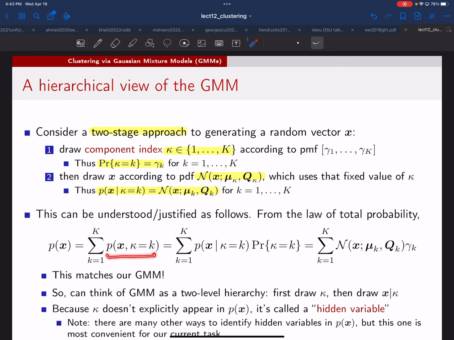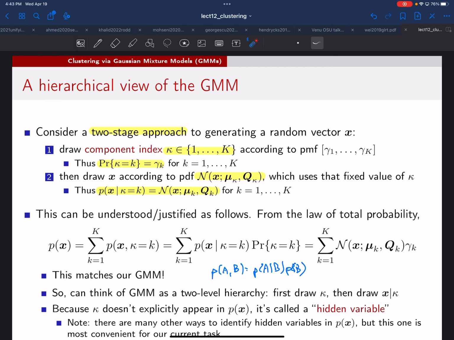The next step is to write this joint probability as a conditional times a marginal. This is probably something you learned in your probability class: P of A comma B is P of A given B times P of B. So that's all we're doing there. And finally, we can interpret these things.